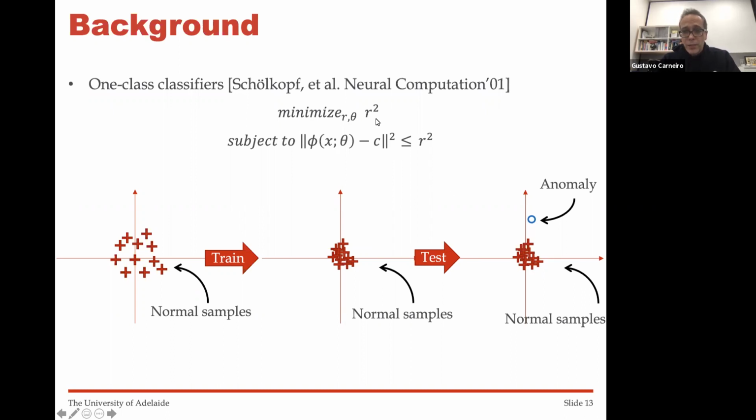The classifier basically checks whether a sample is within some radius of this center, and if not, it tells you this is sitting too far away from the normal samples, and then you're able to detect the anomaly. So it's like a classifier that detects anomalies. However, the end-to-end learning of feature and the classifier is quite challenging in this setup.